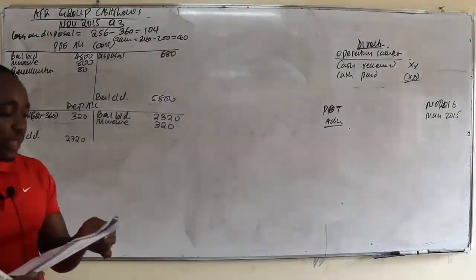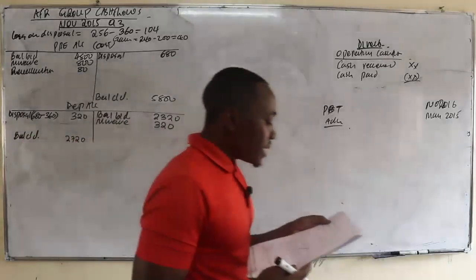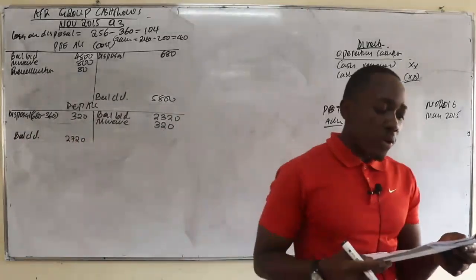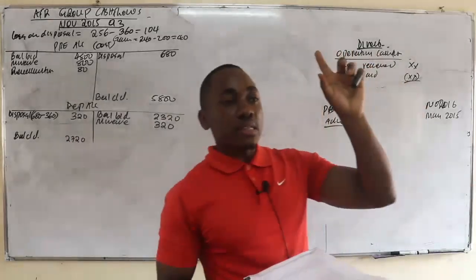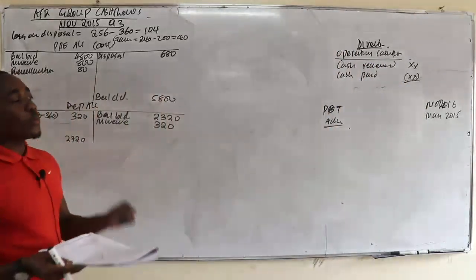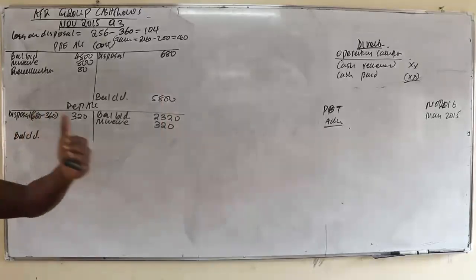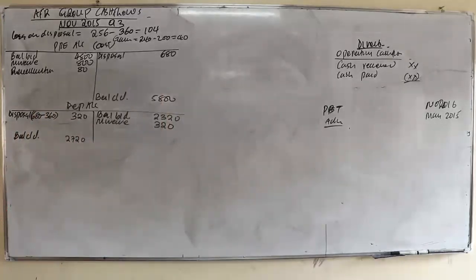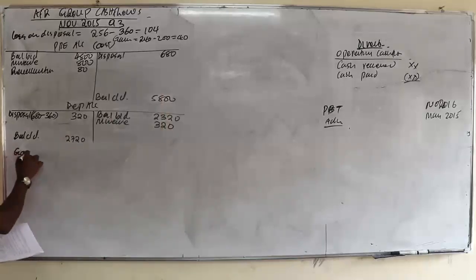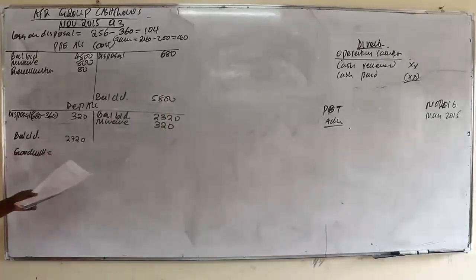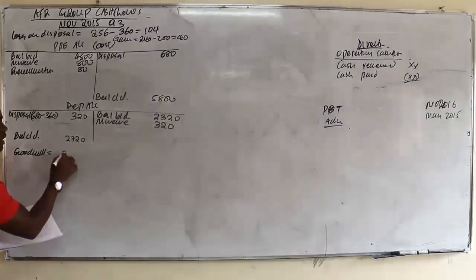Good. Number 5. The total purchase price of 80% shareholding of Mwewe Limited was 360. We say that if you acquire another business as a going concern, the difference between the purchase consideration and the net asset acquired is what? Good. Can you even compute the goodwill? The purchase consideration of Mwewe was how much? 360.